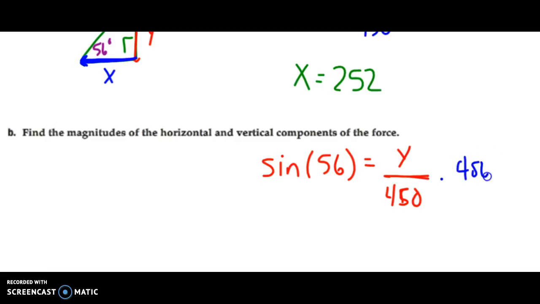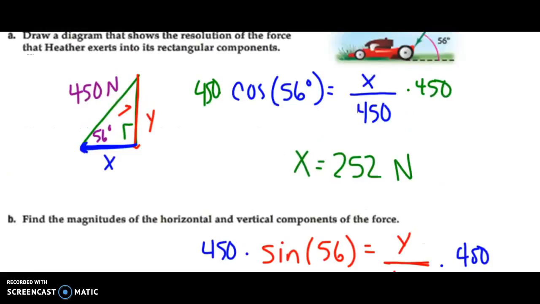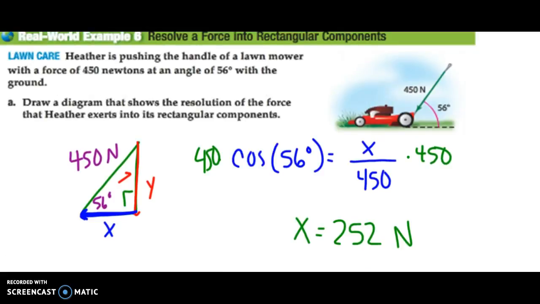Multiply by 450, and you get the magnitude of Y being 373 newtons. So all we've done is we said she's pushing down at 450 newtons at 56 degrees. If you look at the lawnmower right here, 450 newtons, 56 degrees from the ground. And what we did is we found X and Y components based on the right triangle form.